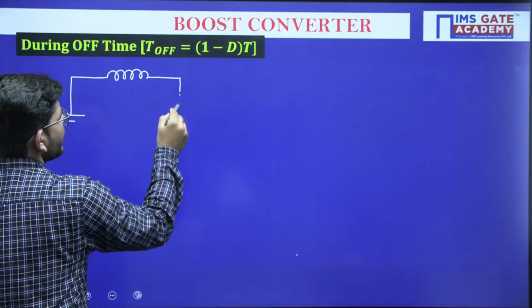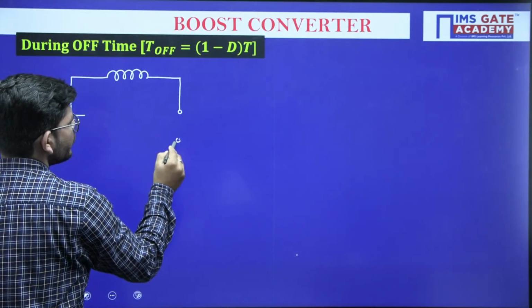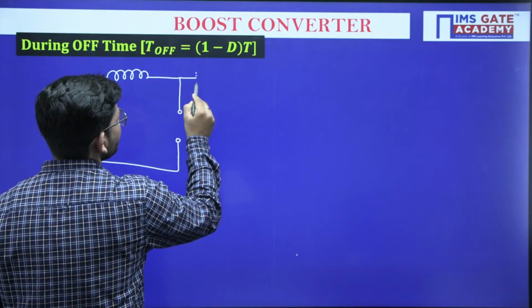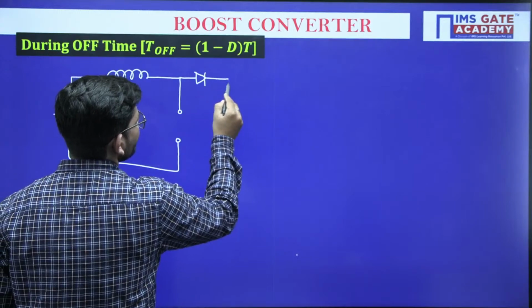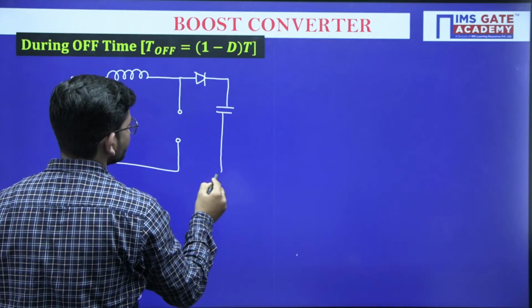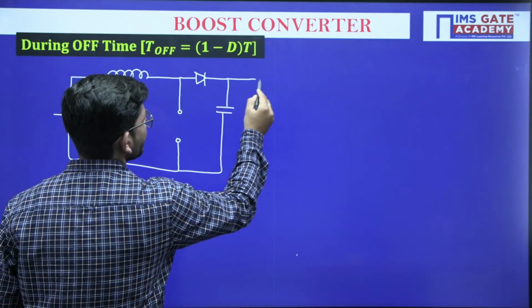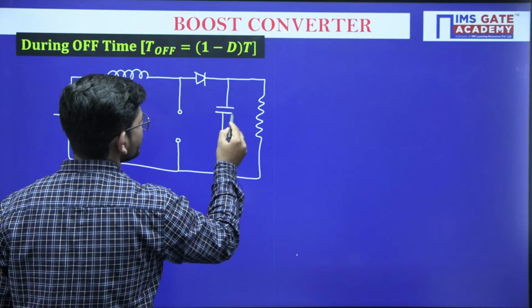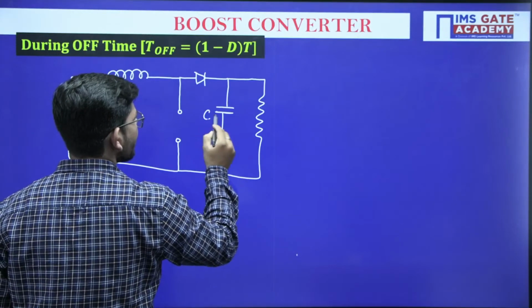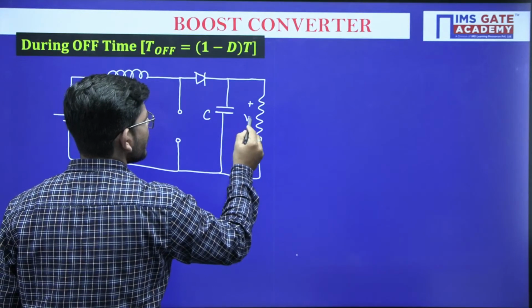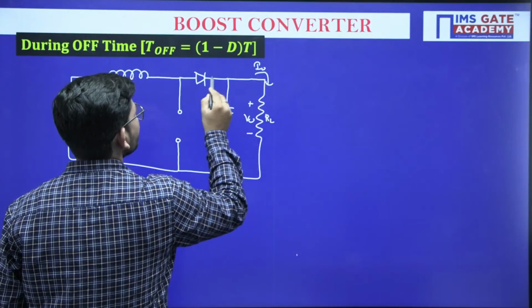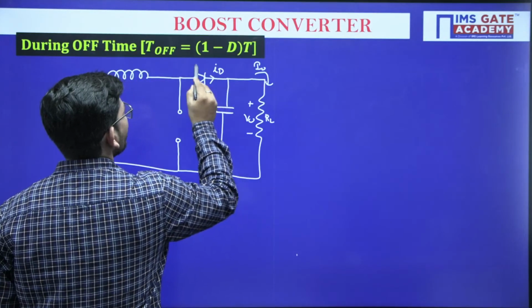Now I am turning the switch off, and let me draw the other elements of the circuit as well. These are the other elements of the circuit that we have here. This is the capacitor, and this is the output voltage. I0 is maintained constant here. This is ID, and this is the diode.